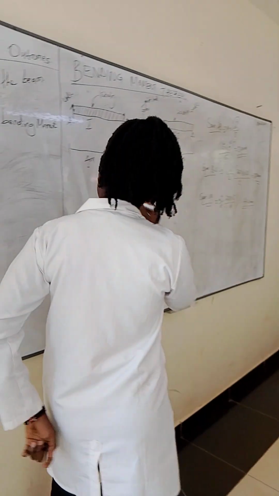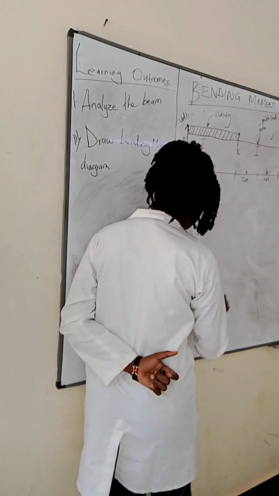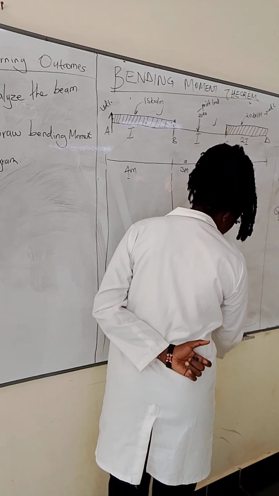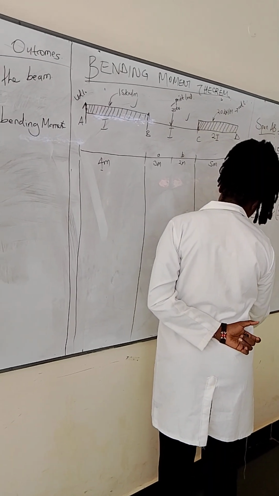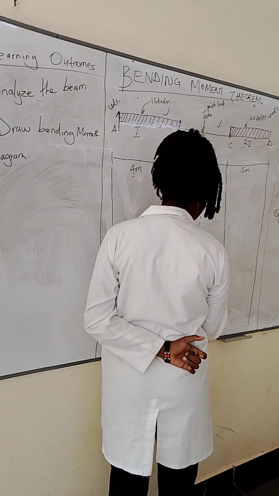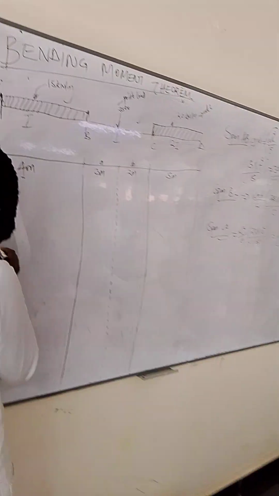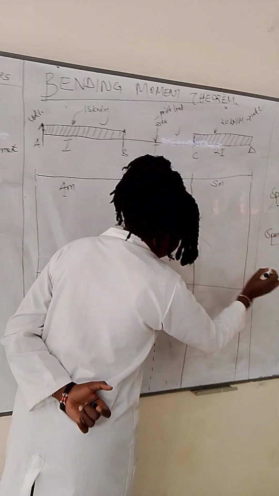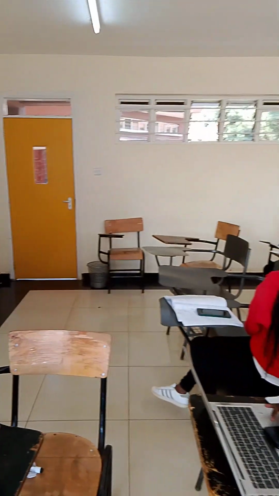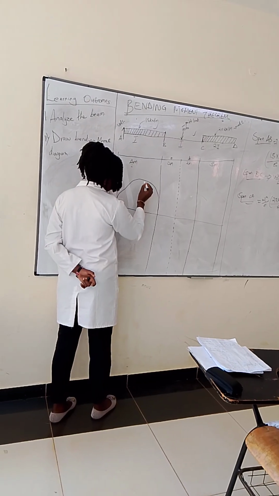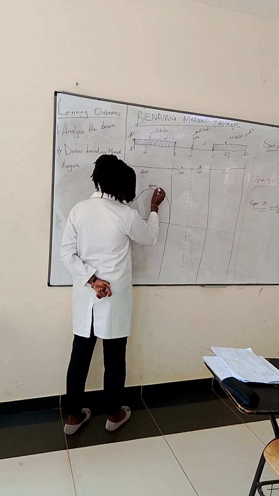So the next thing, we want to start drawing those. So we have span AB, we got that kilonewton meters, so we expect the value here and this to be the same, 30 kilonewton meters.